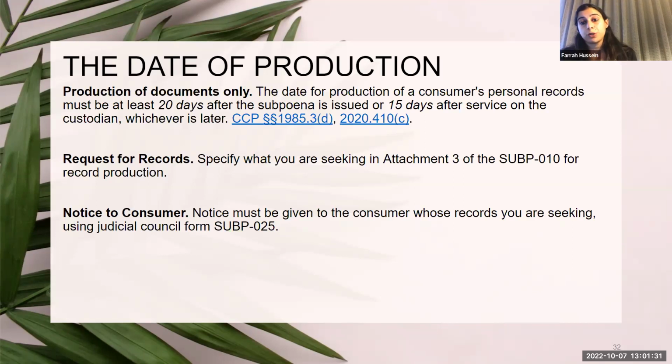And there's also something called a notice to consumer. So if you subpoena medical records or you subpoena business records, I'm sorry, the hard stop is at 1:15, thank you, then you have to do something called a notice to consumer, which means the other side has the ability to object to what is being propounded.